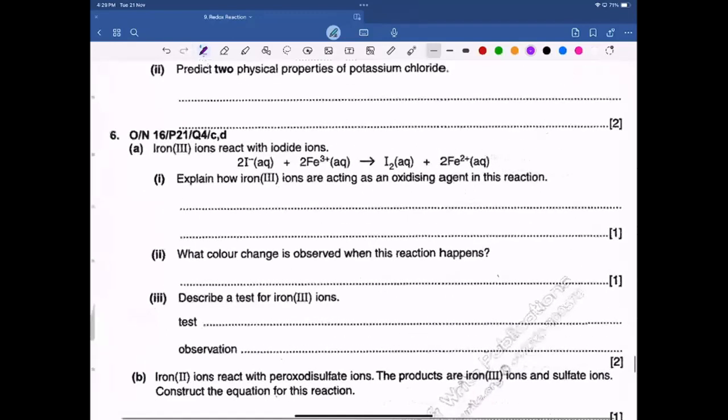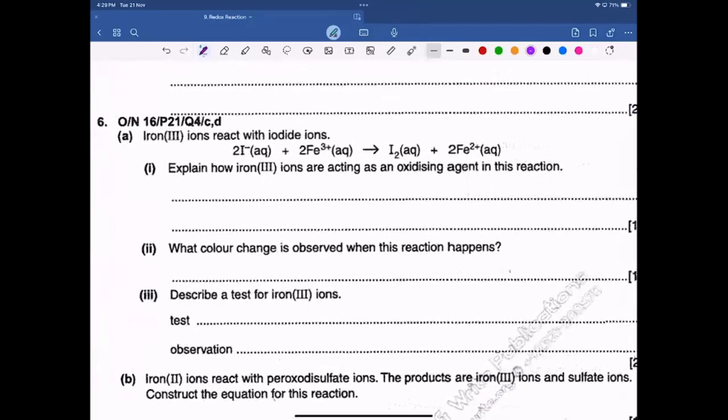Who is going to tell me the answer for 6A then? Iron 3 itself undergoes reduction. And how? By gaining electron. Very good. Yes.